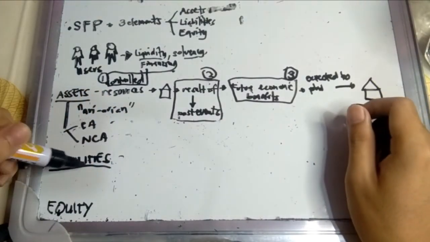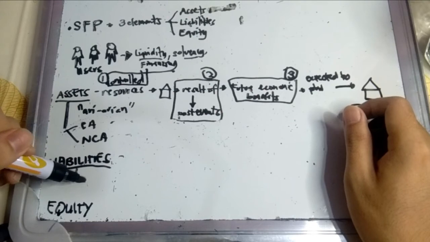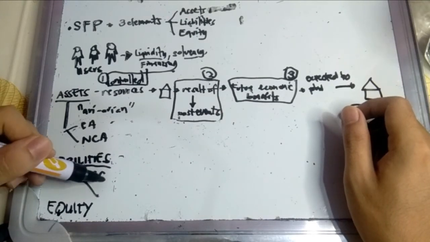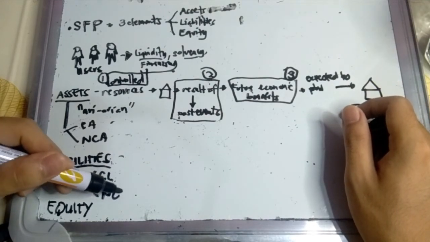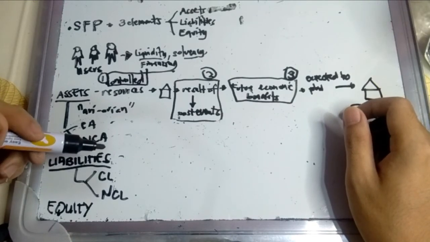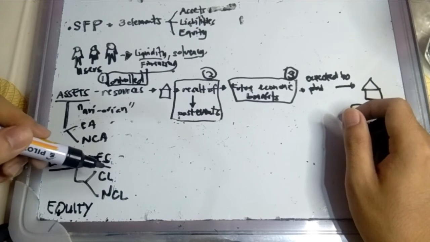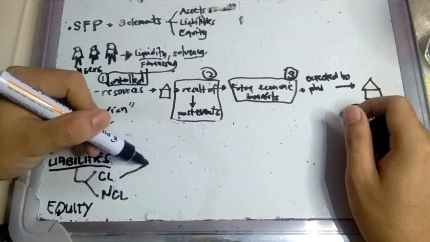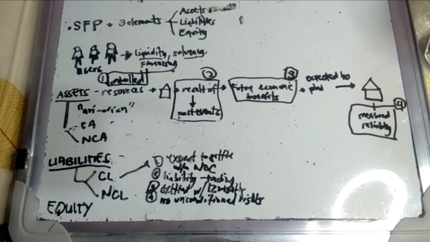So, kagaya ng assets, yung liabilities is nahati din sa dalawa. Ito yung current liabilities at yung non-current liabilities. So, yung current liabilities, merong criteria din yan. So, number 1, must be expected to settle within the normal operating cycle. Number 2, liability must be for trading. Number 3, settlement of which must be 12 months or 1 year.